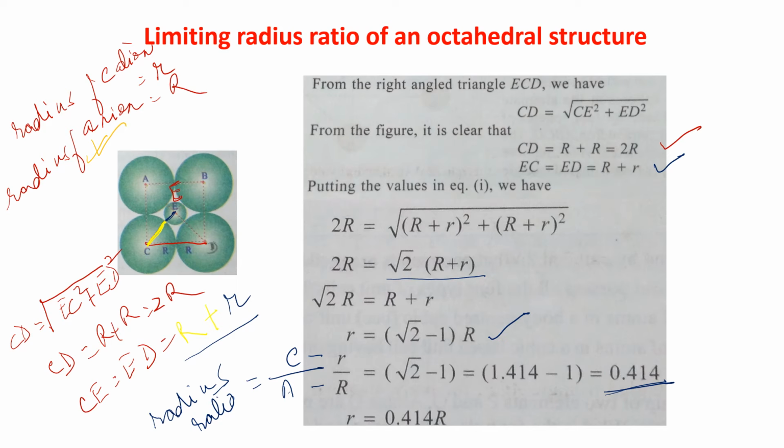So r is equal to 0.414 R. I told you that I will tell you in the following slides. That slide I told you how it is coming to 0.414 times the radius of the anion. Radius of the cation is equal to 0.414 times the radius of the anion for the octahedral structure.